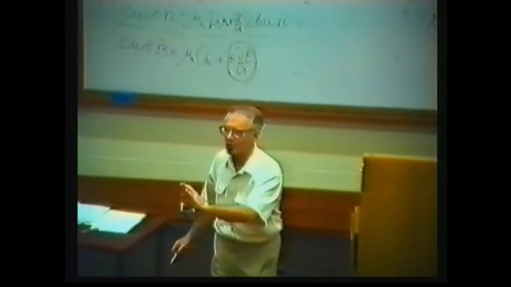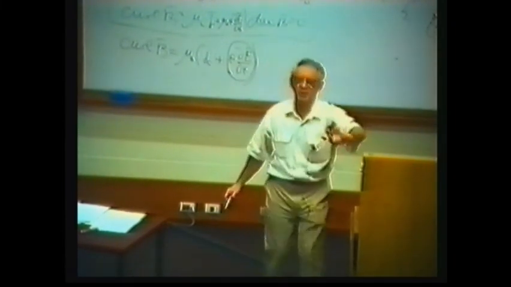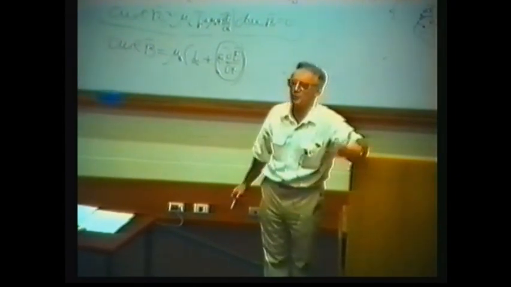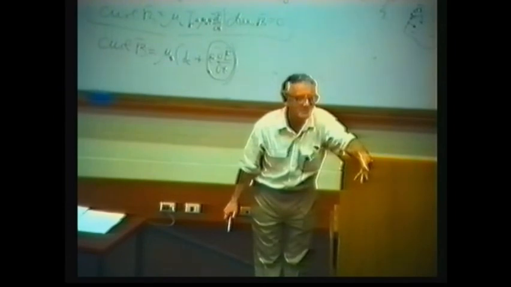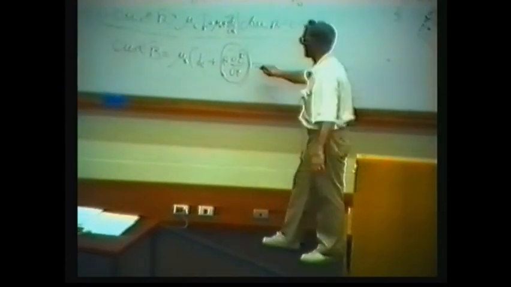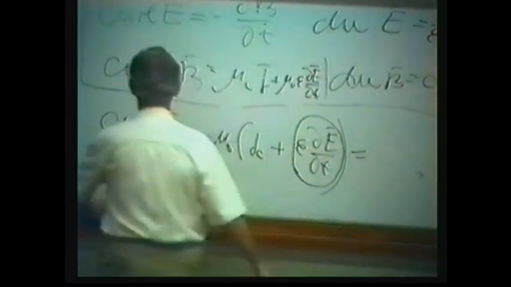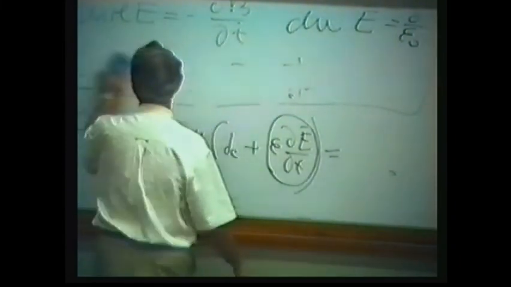As I told you last time, it's impossible to understand the physics of electromagnetic fields if we don't know this fact. So, last correction: now let me rewrite these equations, and we got the Maxwell equation.